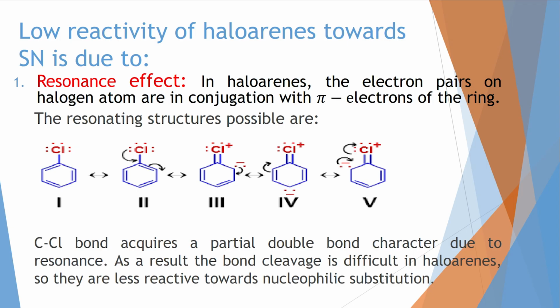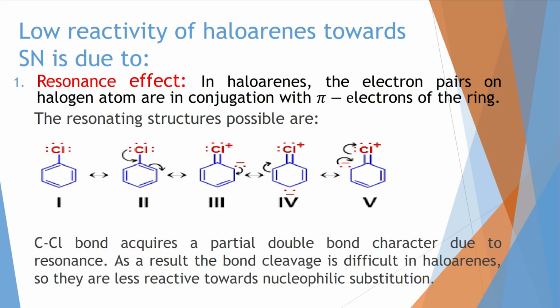This implies that the haloarenes are not very much prone to the SN reactions. So, what is the reason behind it? Why are the haloarenes not so much prone to nucleophilic substitution reactions? There are many reasons, and we will discuss the important reason first. The first reason is the resonance effect. Please see the resonance structures of chlorobenzene.